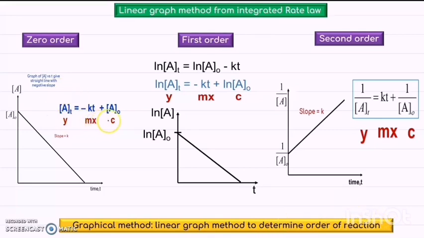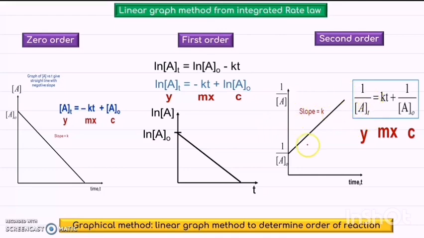In other words, if you plot graph A versus t and you don't get this kind of graph, your reaction might be first order or second order. If you plot graph ln A versus t and you don't get this kind of graph, or you get a curve, it means your reaction is not a first order reaction.